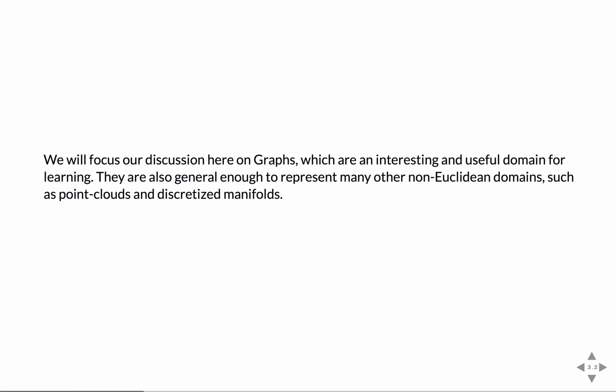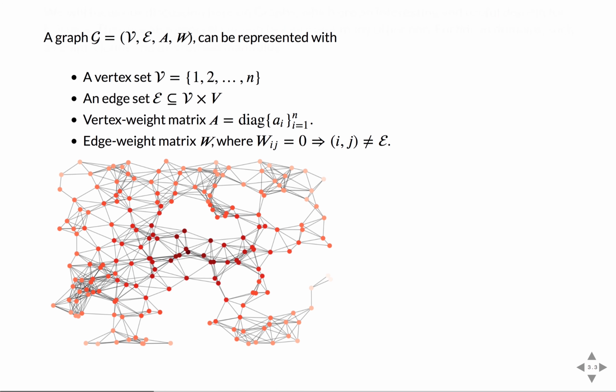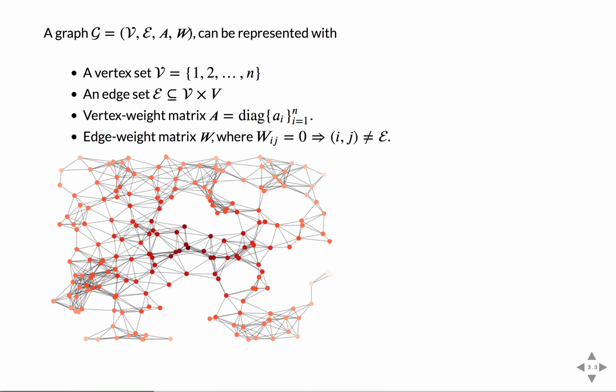Okay, so now that we have that in mind, we can extend the whole notion to graphs. So we'll discuss graphs because they're really general, and you can use them to represent various kinds of non-Euclidean domains. And briefly, just how to define them. Probably you've seen a lot of graphs by now, but we define them using vertices.